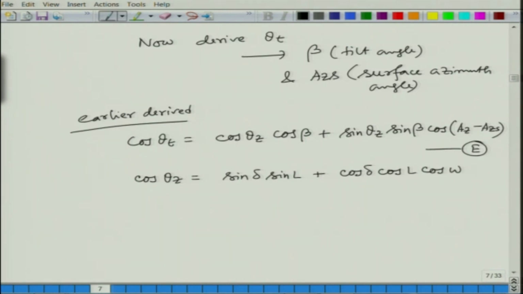Again we have derived this particular relationship earlier. Okay. And let us name that relation to be F.